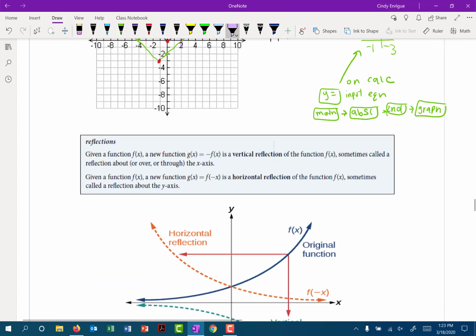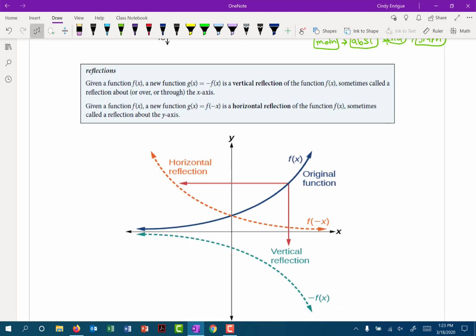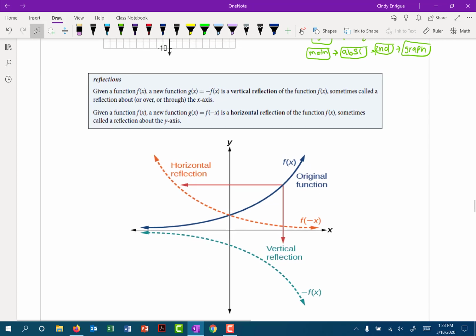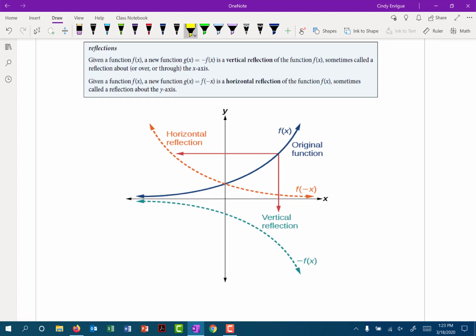All right, now we're going to have some reflections. So the reflections are going to be vertical and horizontal reflections. So you can see that my original graph, which is this one, can get reflected in certain ways.